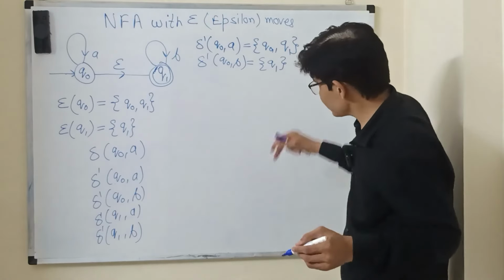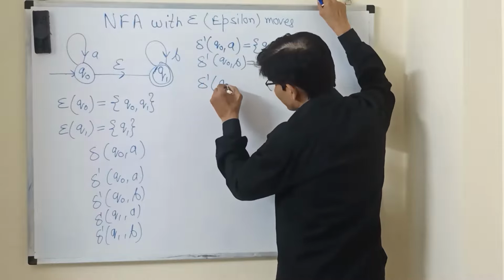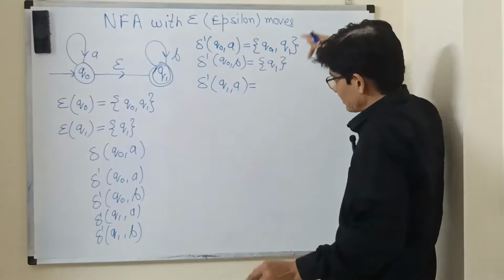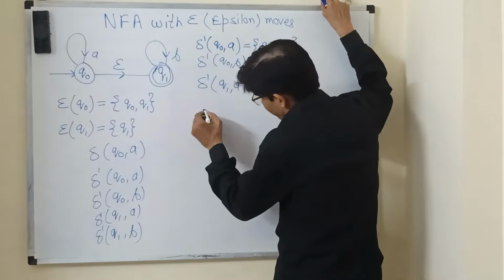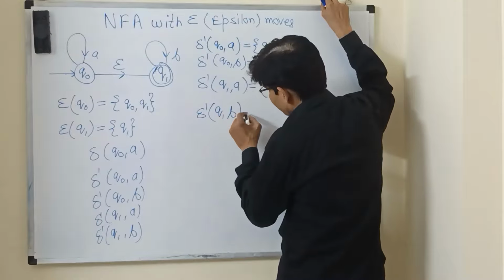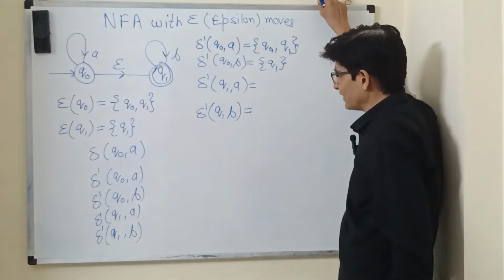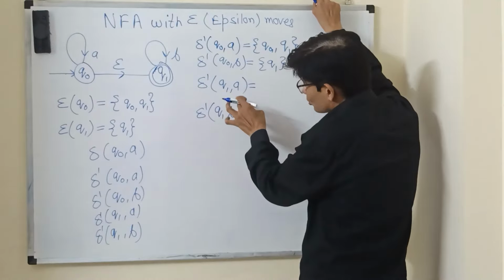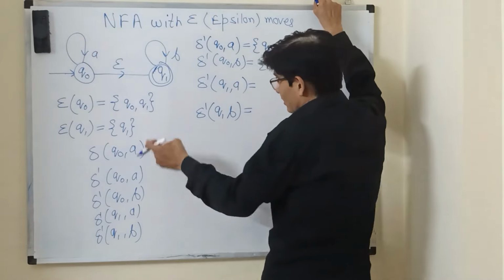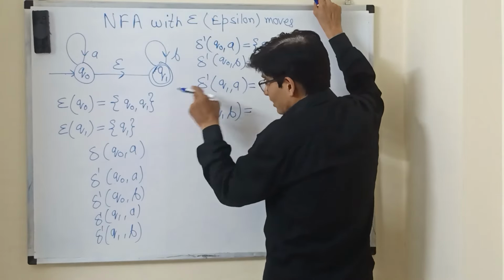So that means delta dash Q0 B we have got Q1. Now in the same way, friends, we can calculate delta dash Q1 A and delta dash Q1 B. As the epsilon closure of Q1 has only Q1, we look at the transition of A on Q1.